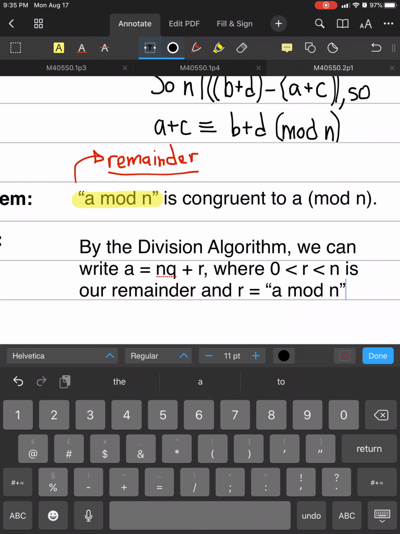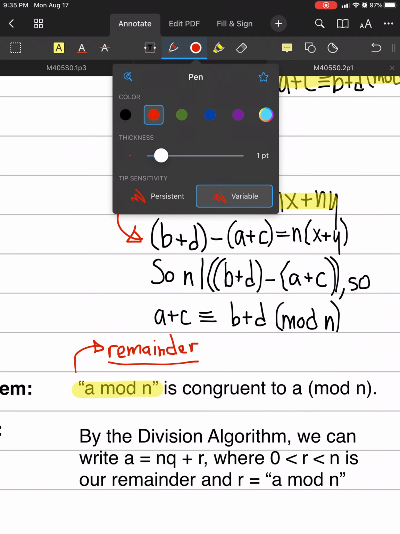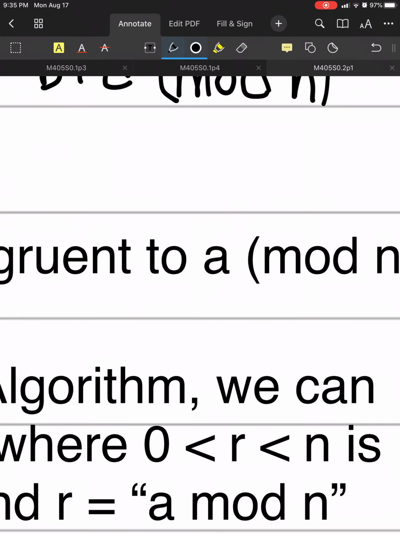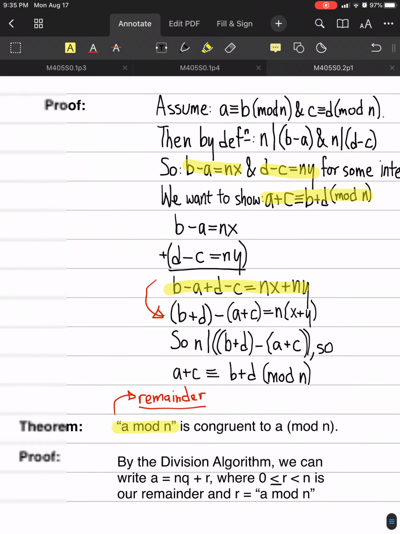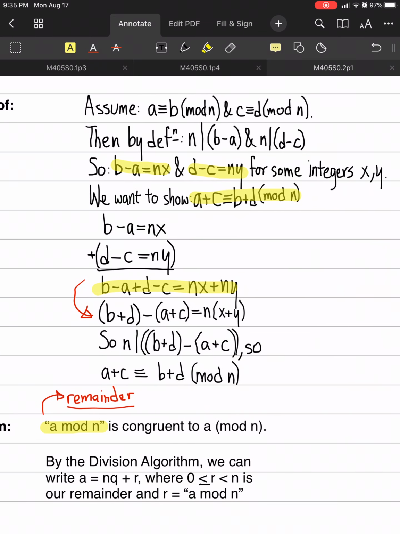So r equals the reduced version here. Now let me make that the less than or equal to, like I like. Okay, so by the division algorithm we can write a equals nq plus r.